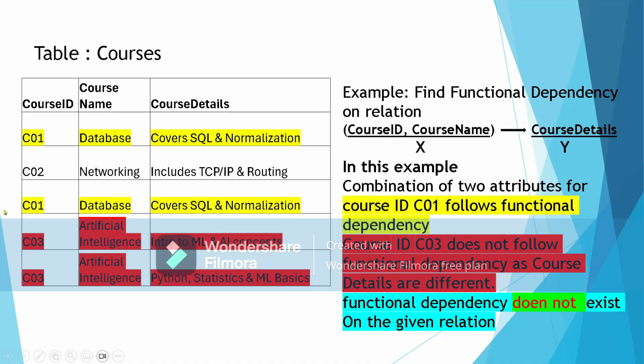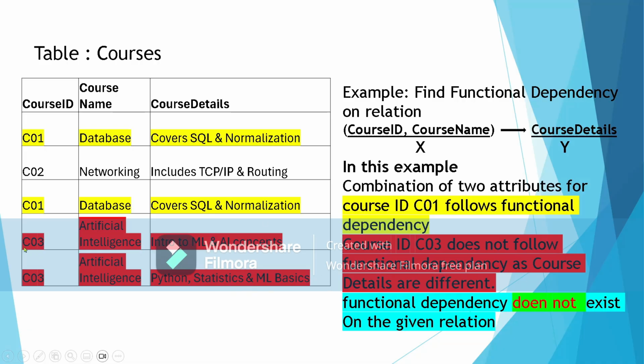Again consider this courses table and suppose course number 3 is artificial intelligence. Here course ID and course name is X value and course detail is a Y value. If you consider this course ID as 1 and name of the course as database, it follows the functional dependency because Y values are matching.